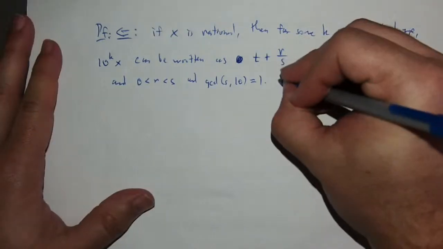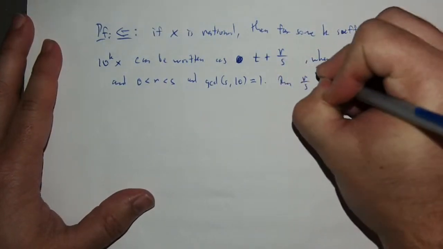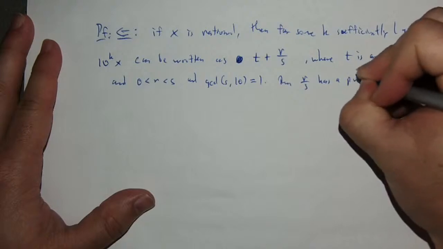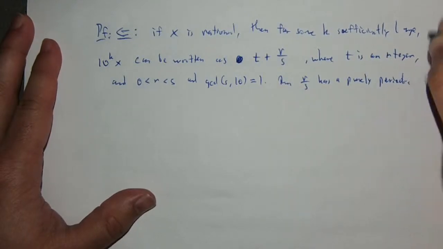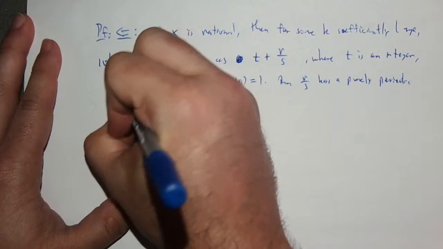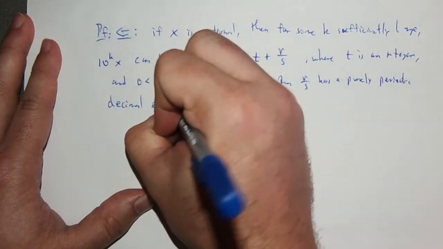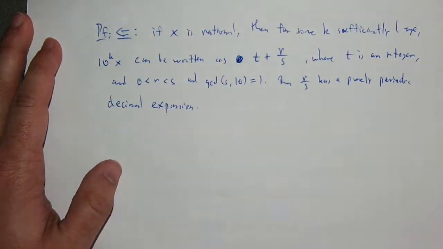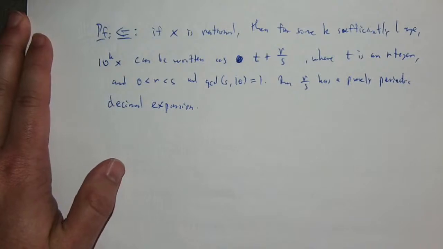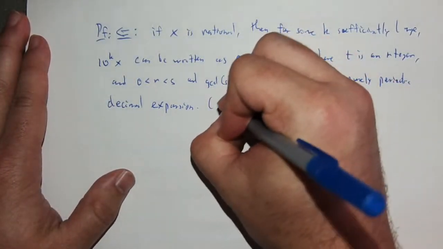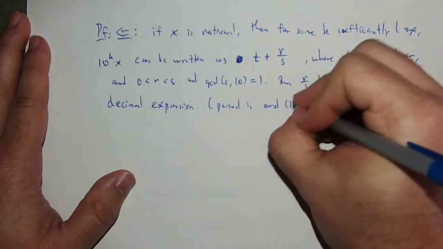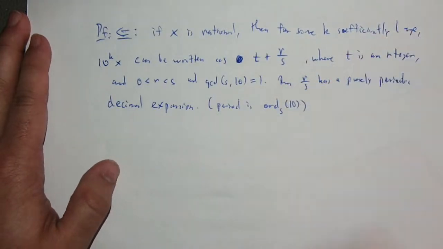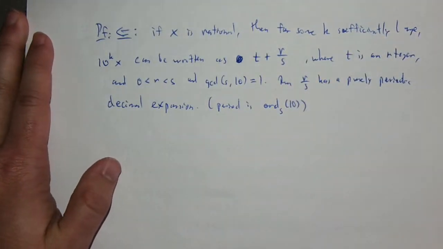But then r over s has a purely periodic decimal expansion. Period is the order of 10 mod s. Okay.